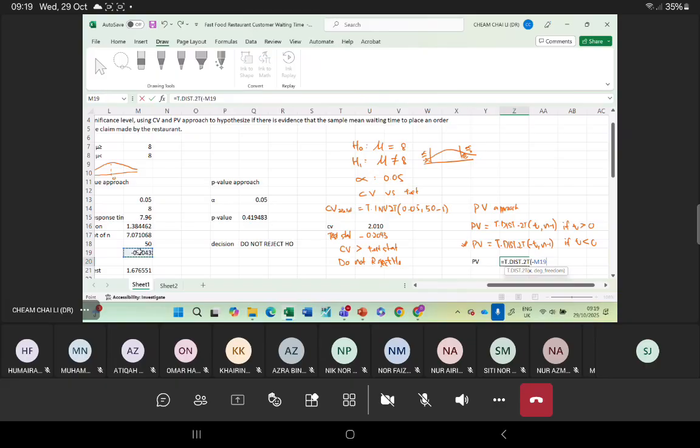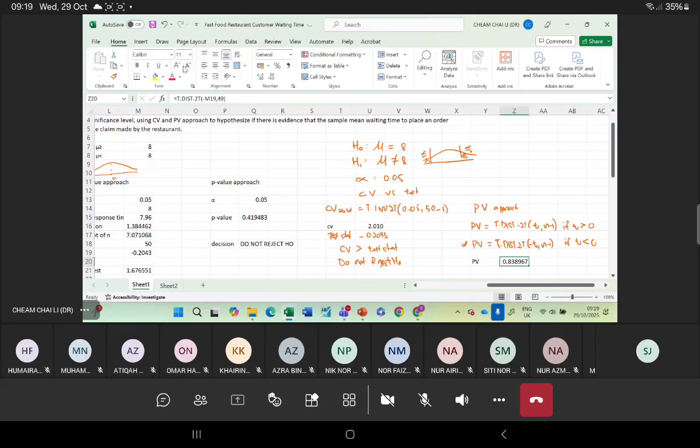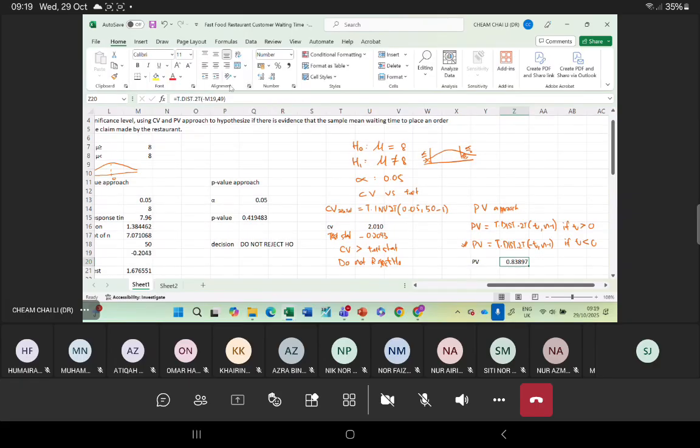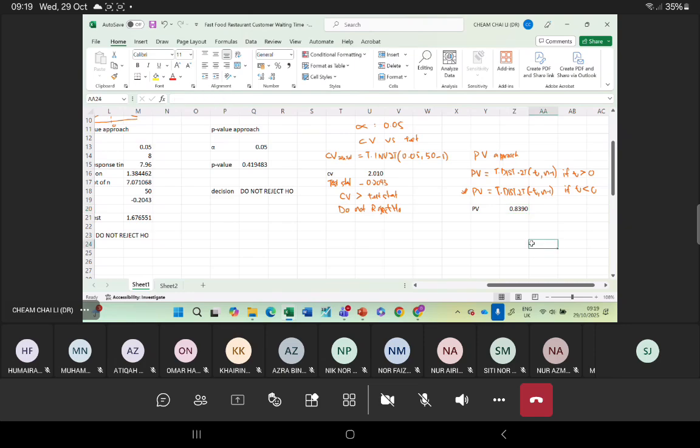And then comma, your degree of freedom 49, and then you enter. So your p-value is 0.8389. And let me round up to 3 and 4 decimals.